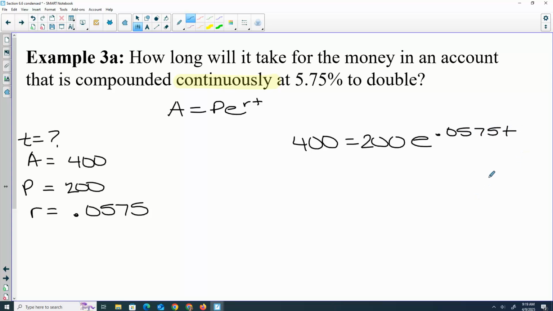So we would solve some of these problems before, but I was always asking you to solve for a variable that wouldn't require a log. Now if we want to solve this, we divide our 200 over. Then what would we do?